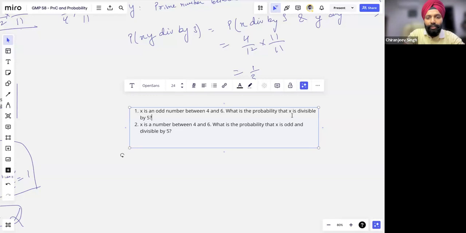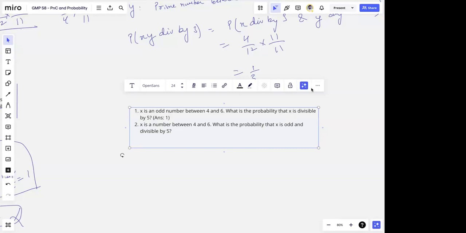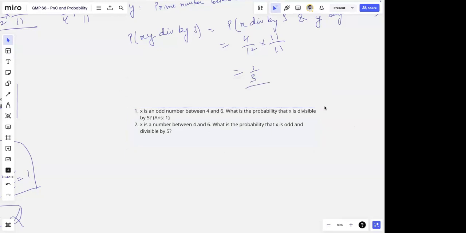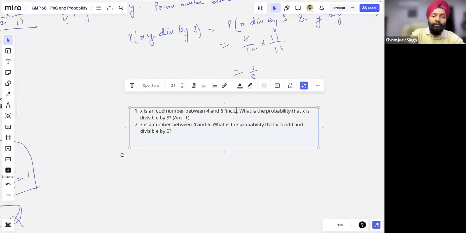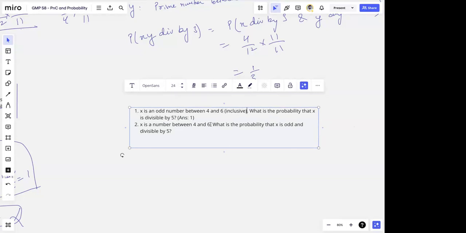And what is the answer to the second question? X is an odd number, 4 and 6. So there is just one number between 4 and 6, that is 5, and that is still odd, and we include divisible by 5. Oh, yeah, I think now the answer will change.